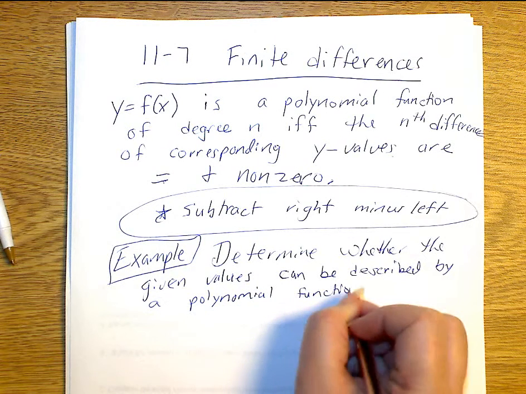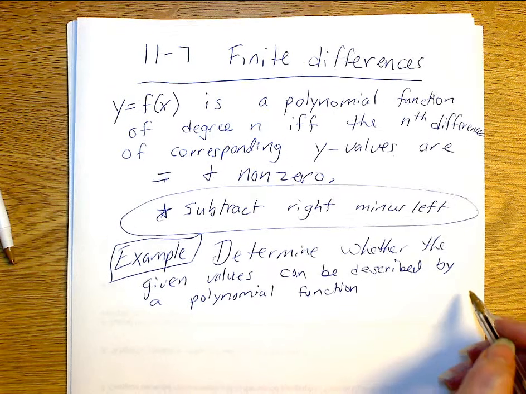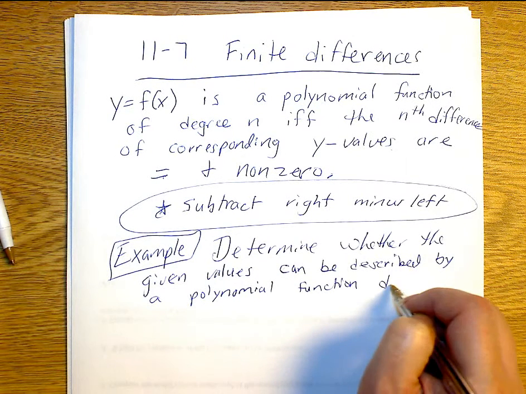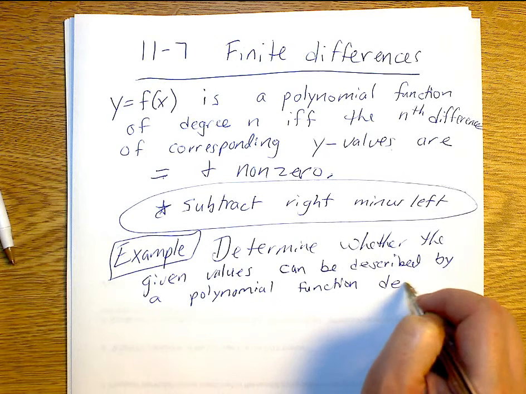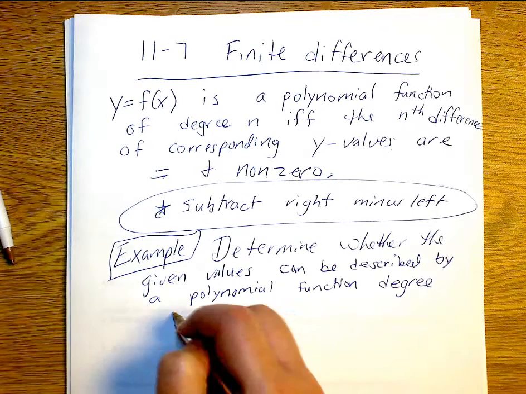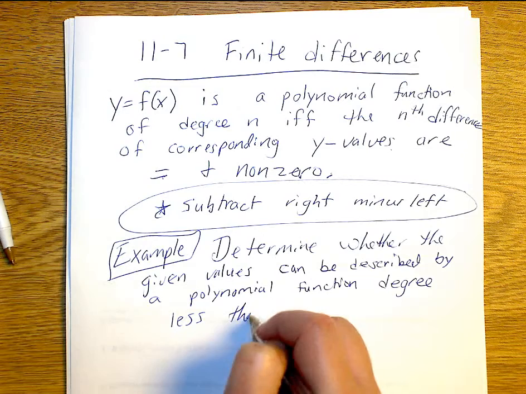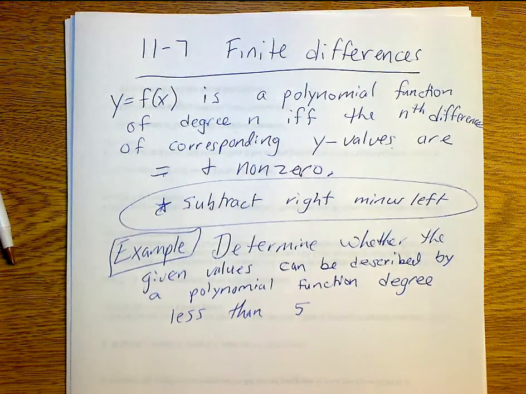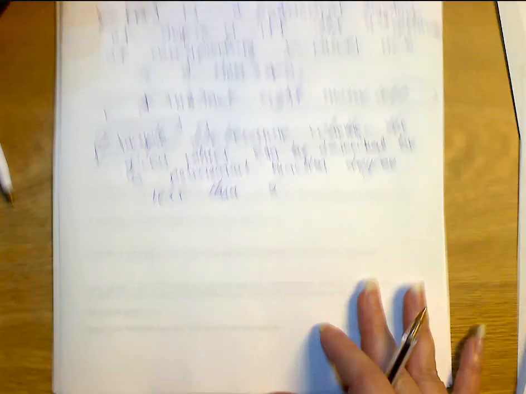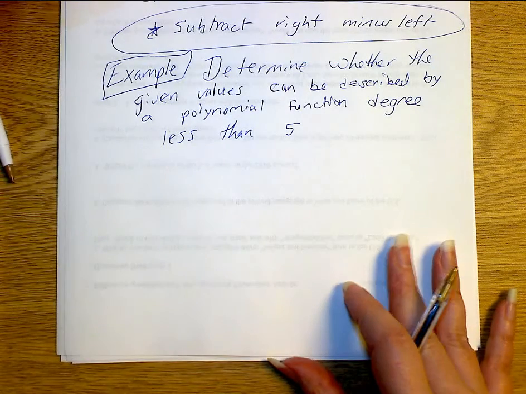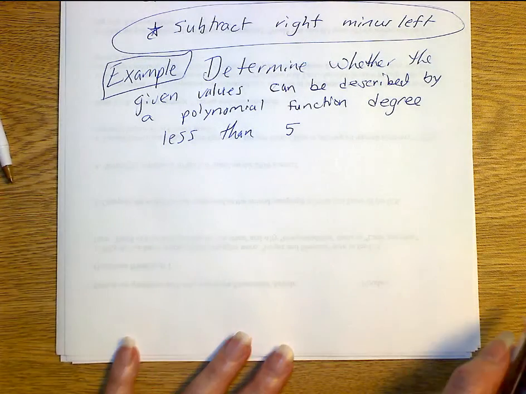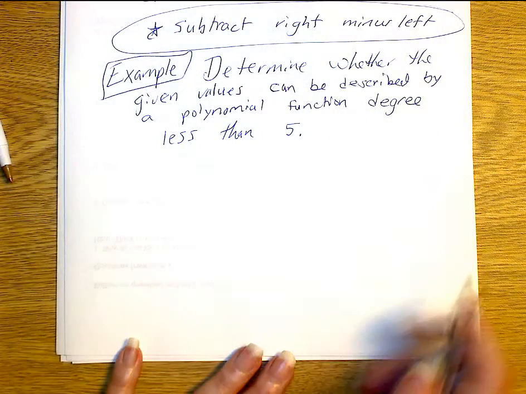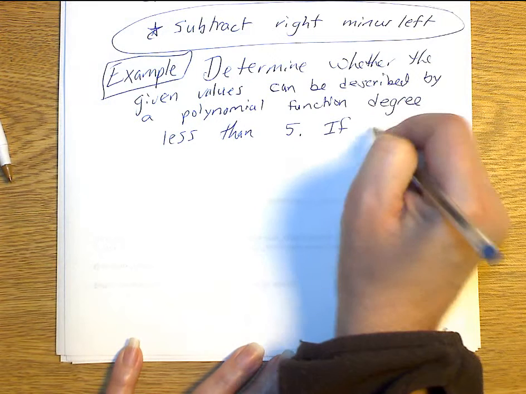And for this purpose, we're going to put a degree less than 5, because we don't want to have to keep subtracting more than 5 times. So we're going to say degree less than 5. If so, give the degree.